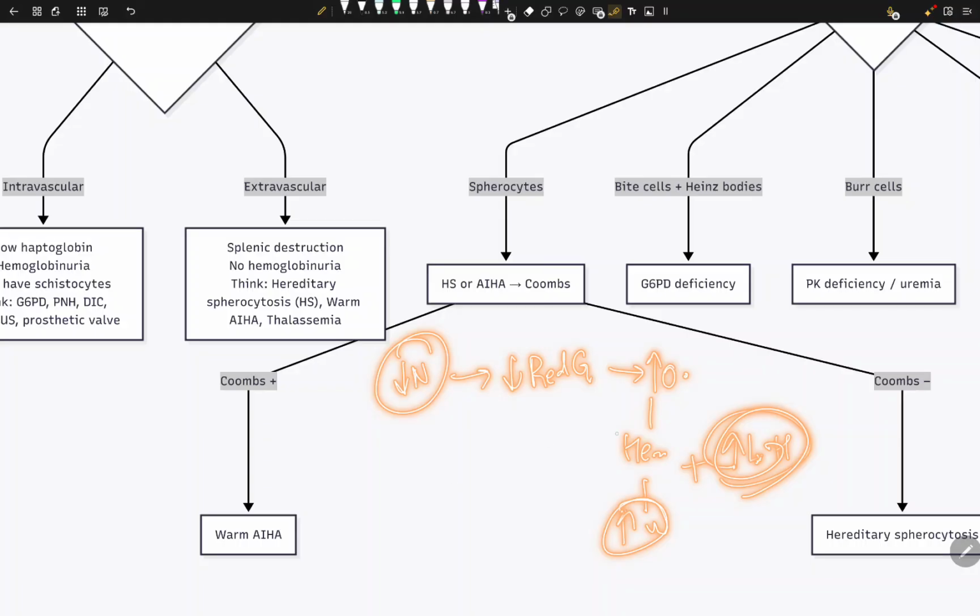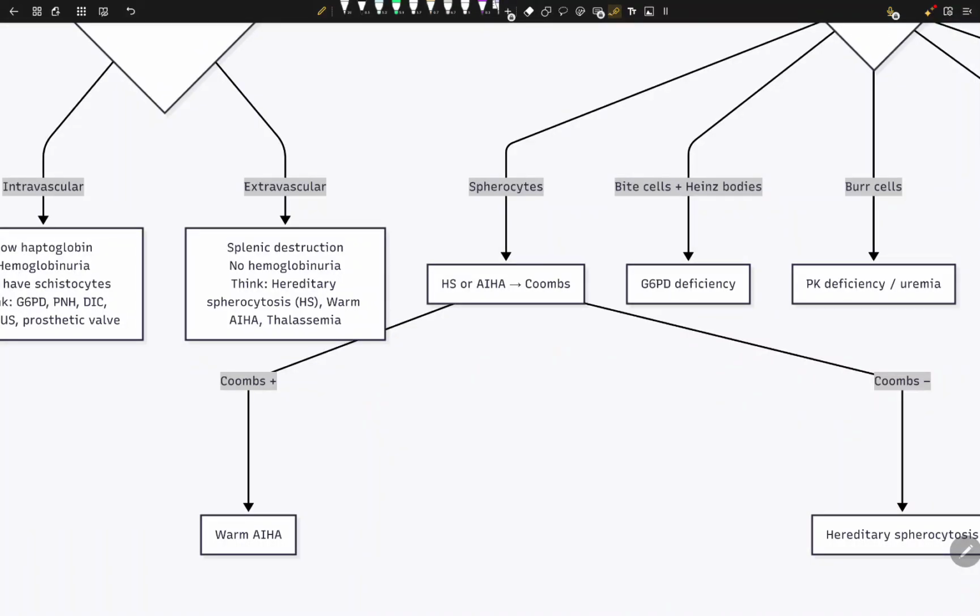Okay, so we have this oxidized hemoglobin, right? We call it oxidized hemoglobin because we have less NADPH. These oxidized hemoglobins come together and make a clump. Now this clump, denatured oxidized hemoglobin, is called a Heinz body, right?